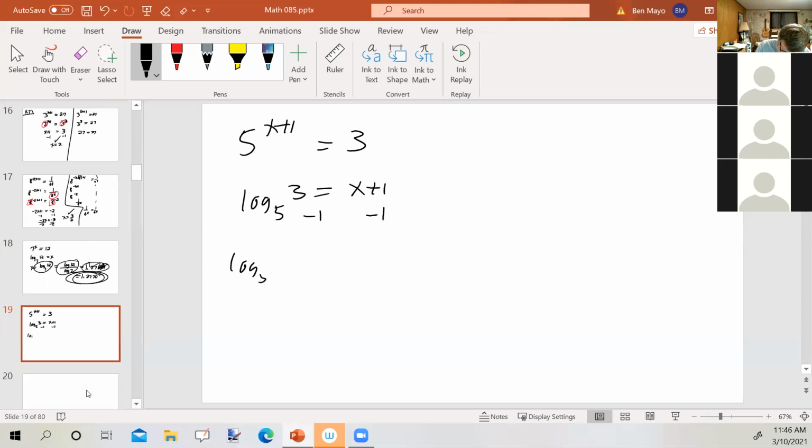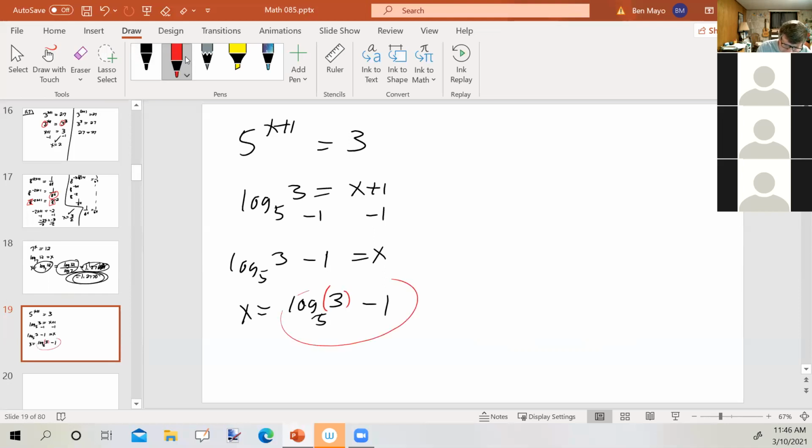So log base 5 of 3 minus 1 equals x, or x equals log base 5 of 3 minus 1. Now, it's not the log of the quantity 3 minus 1. It's the log base 5 of 3, minus 1. So this is the thing you're taking the log of, not that whole thing, okay?